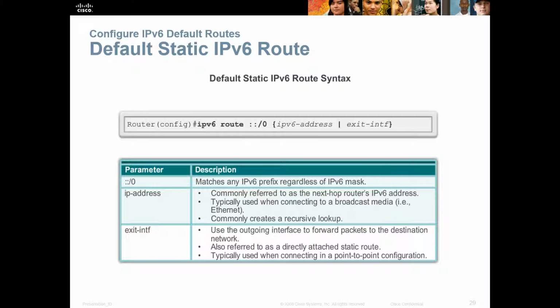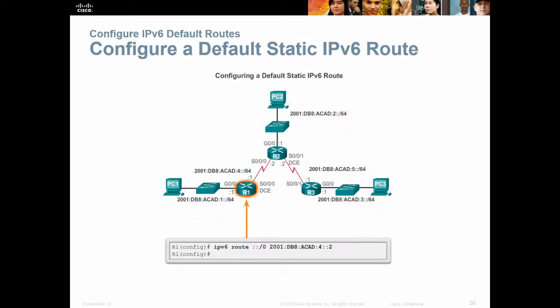So, how do we set a specialized default static route? Before we were using zeros. Here we're doing pretty much the same thing. ipv6 route ::/0. The colons represent all the zeros, /0 any subnet, and out one of these interfaces. Here's another example of an IPv6 route with any address.